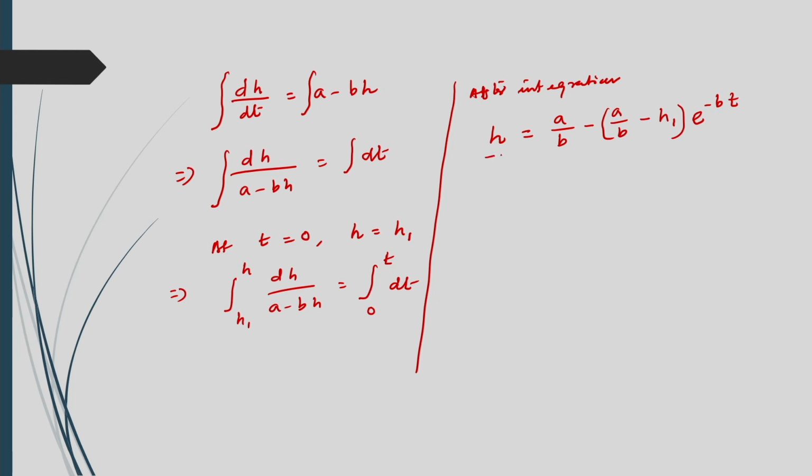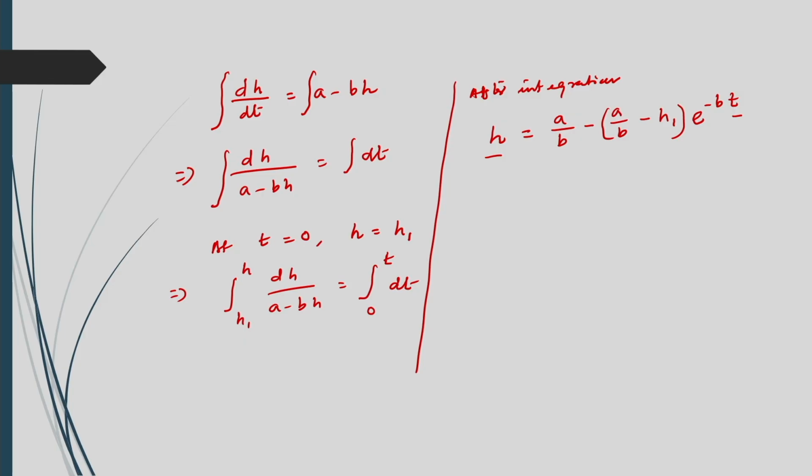So, the height at any time t is H equals A by B minus (A by B minus H1) into e to the power minus B t. So, this will give you how the height will change with respect to time.